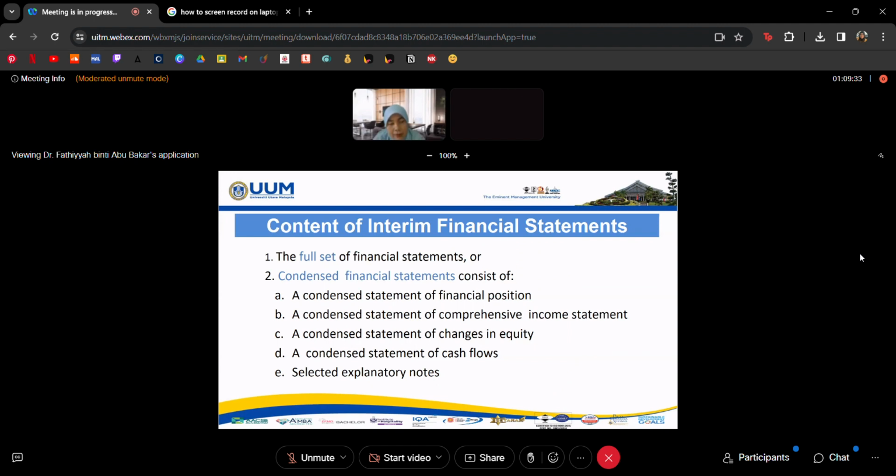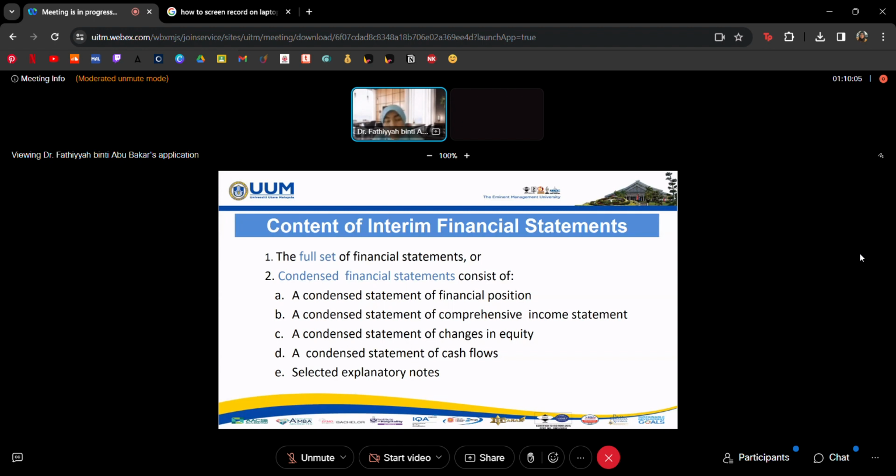All right, so we go to the content. What should you disclose in the interim financial statement? You have 2 options: either a full set of financial statements, or condensed financial statements. Condensed consists of a condensed statement of financial position, a condensed statement of comprehensive income, a condensed statement of changes in equity, the same 5 components, but only condensed, like only some part of the financial statement.